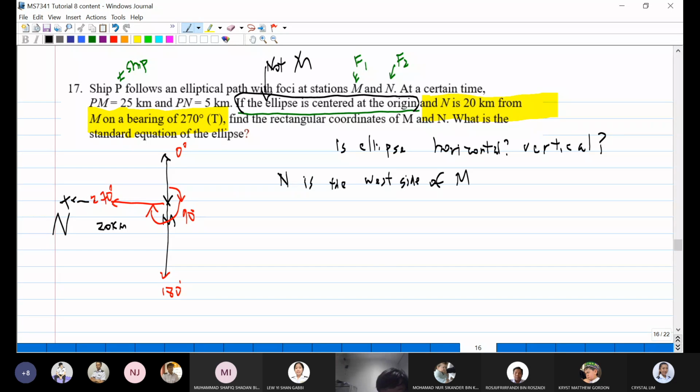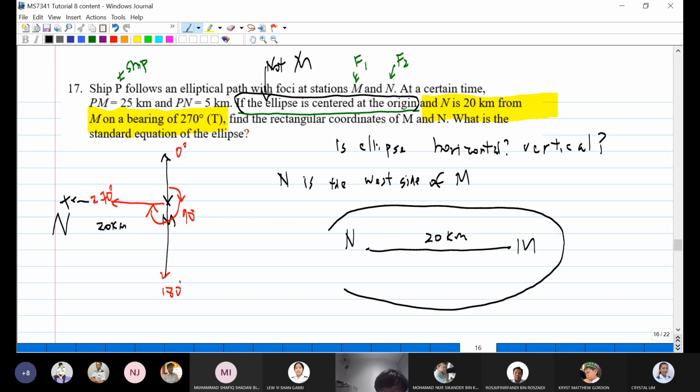So if you try to do this, this is what happens. You see, you have an M here, this is N here, because we know N is on the left side of M now, 20 kilometers away. We know that it's on the west side of M. The ellipse is centered at origin. We know this is a horizontal ellipse now. We are focused on F1, F2, so we can draw it.